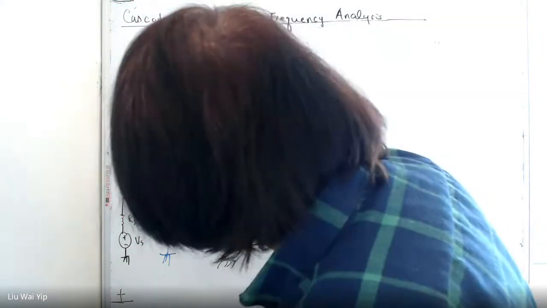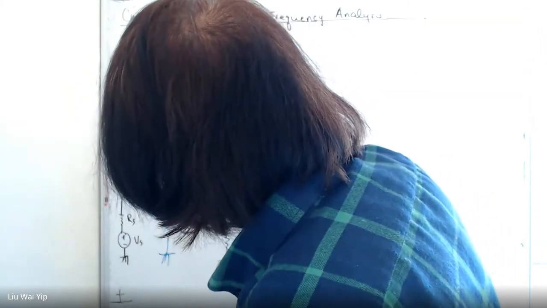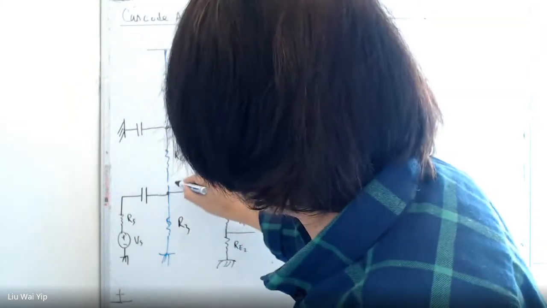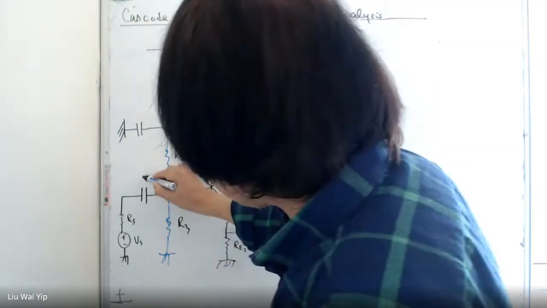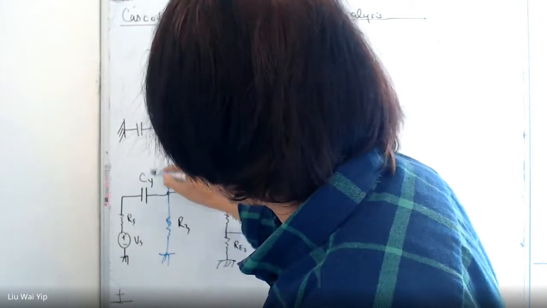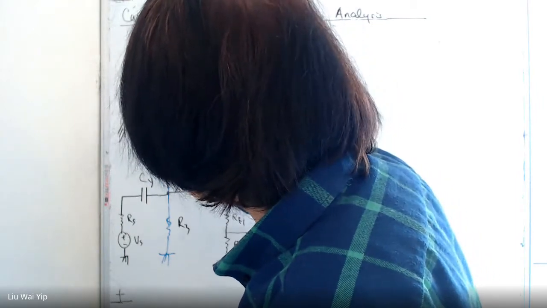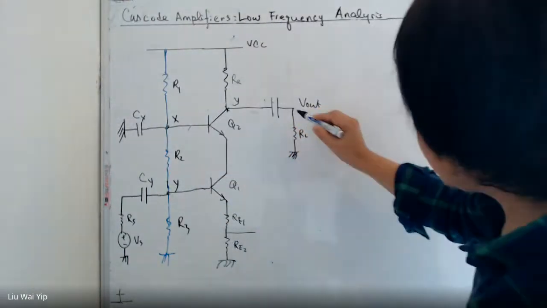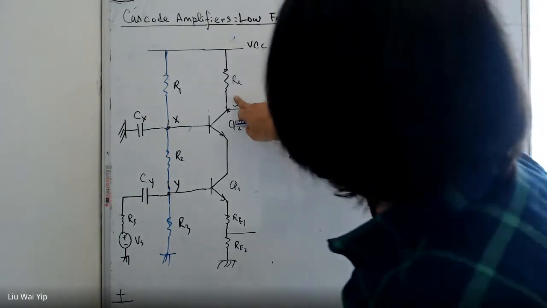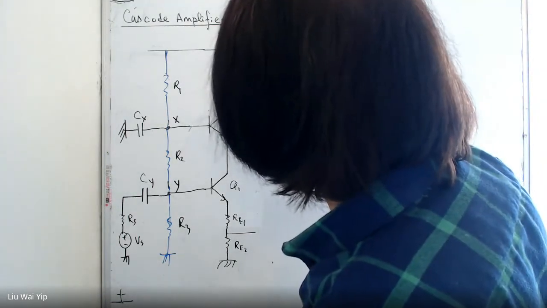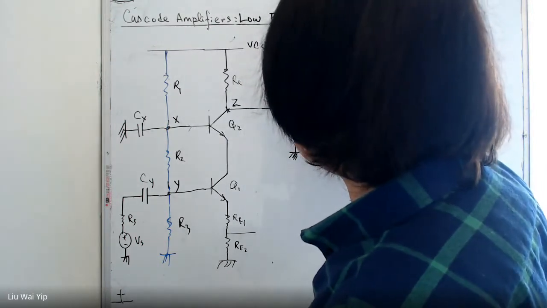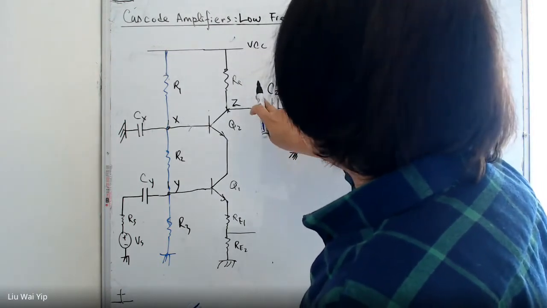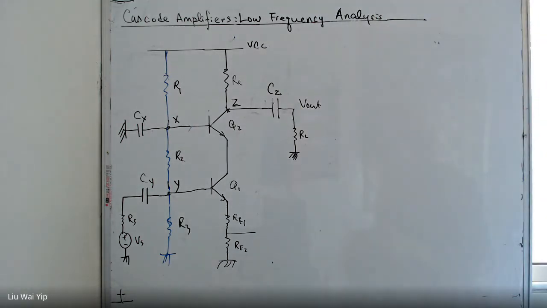So let's say this is node X, and this is node Y. This capacitor is called CY, and this capacitor is called CX. This is node Z, so this capacitor is CZ.